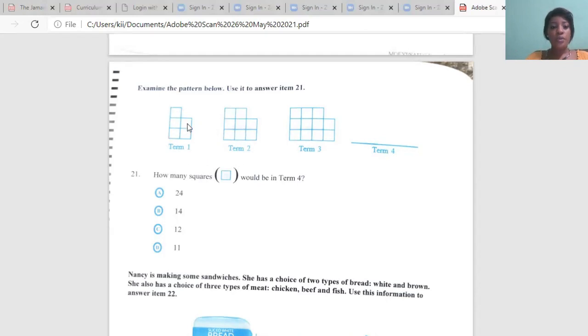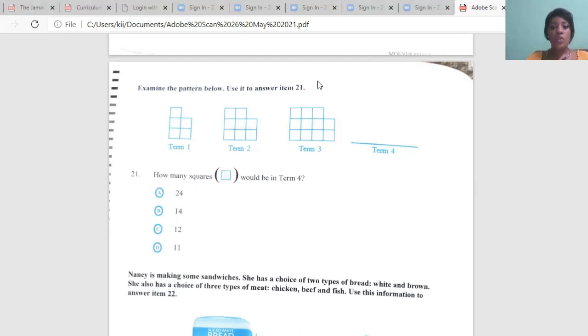Sorry, it wasn't 6, it was 5. So it's 5, 8, 11, counting the squares one by one.